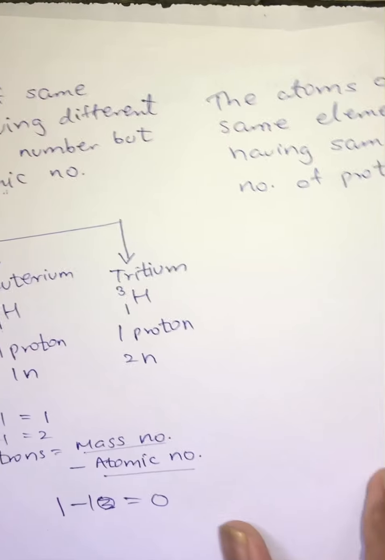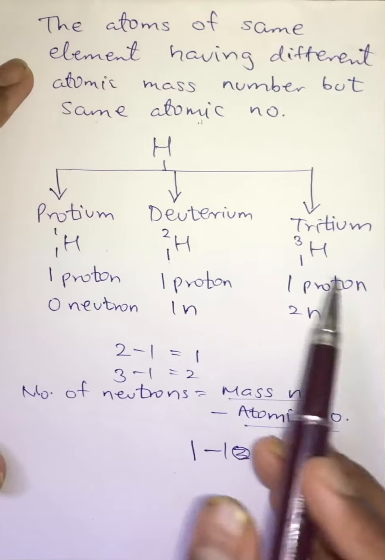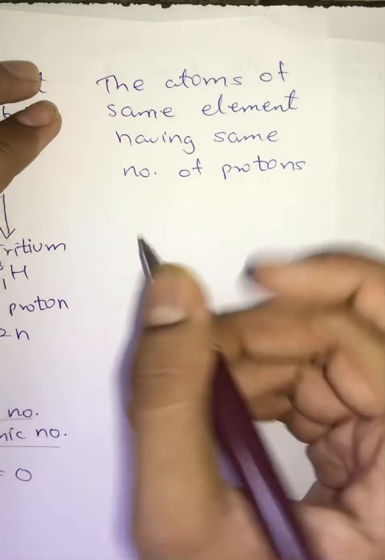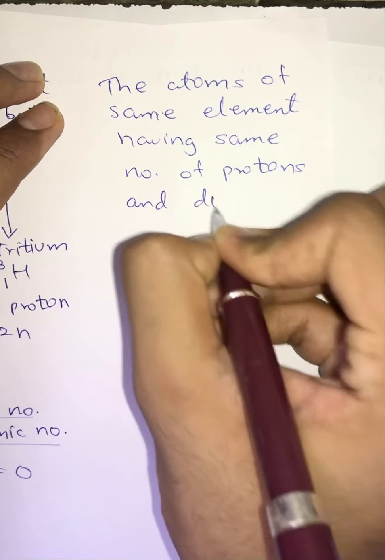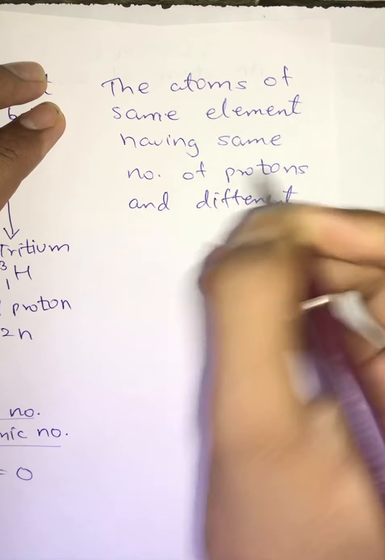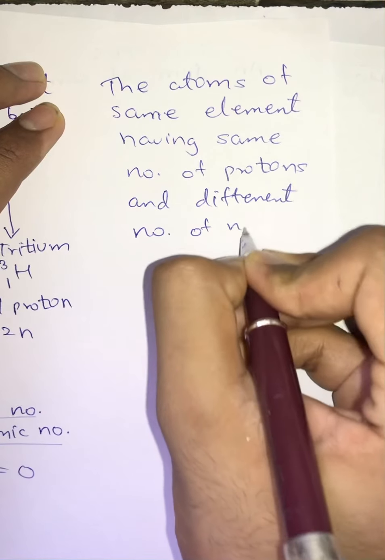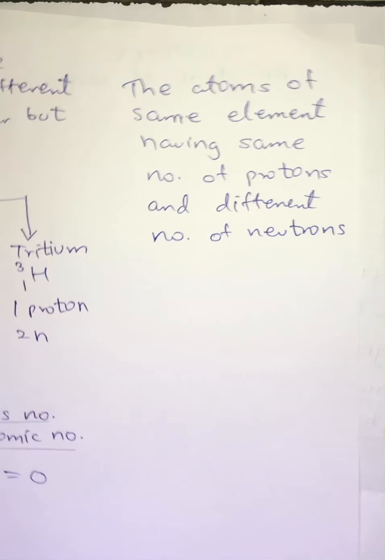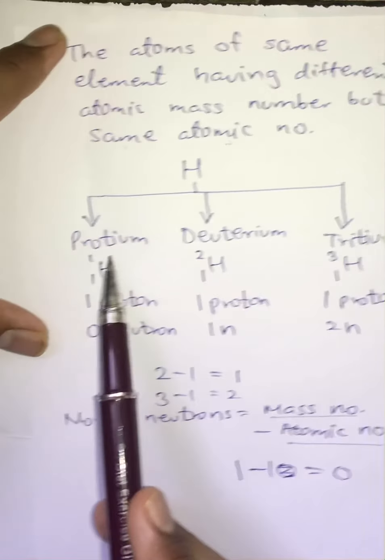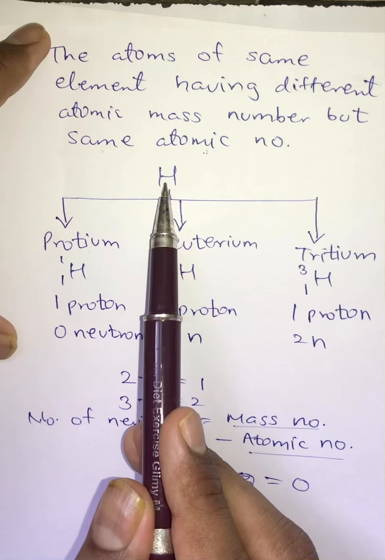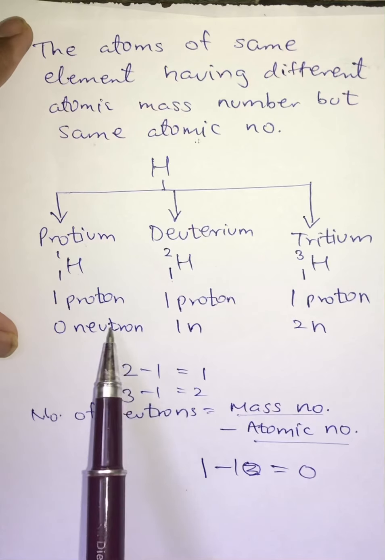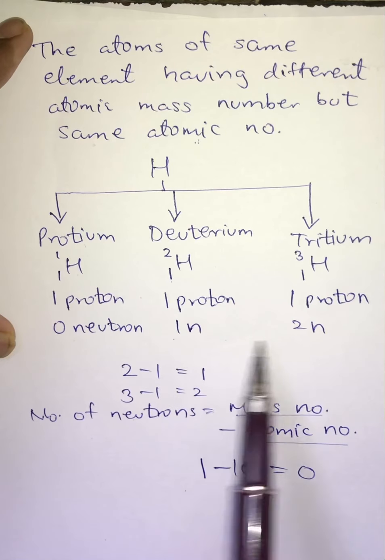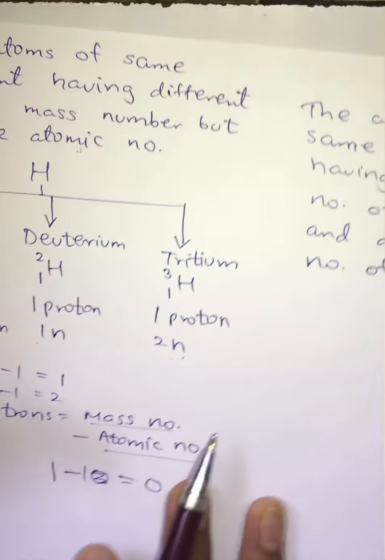As you can see over here, the number of protons is the same, one proton each, and different number of neutrons. Can I say that the atoms of same element having same number of protons but different number of neutrons are called isotopes?